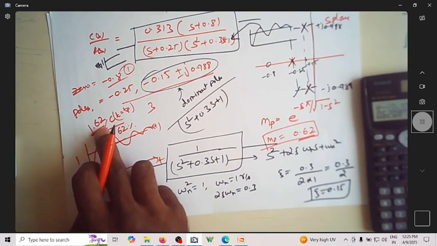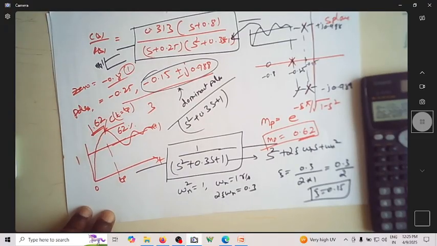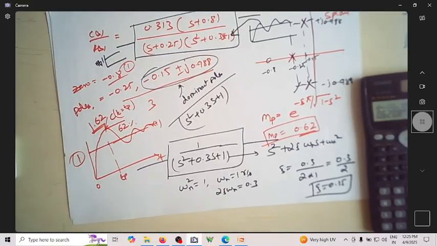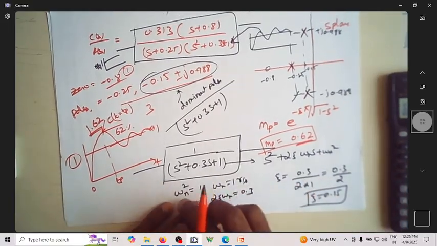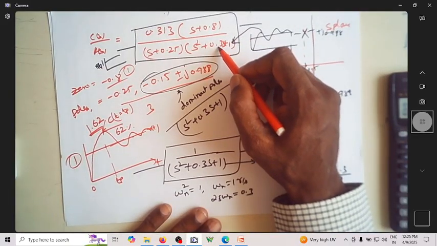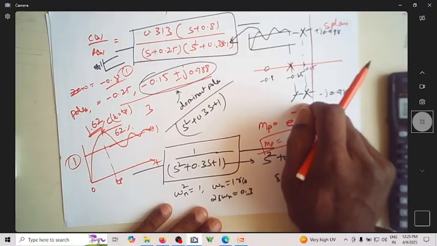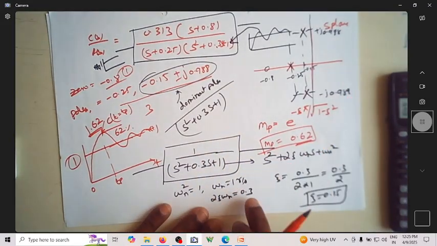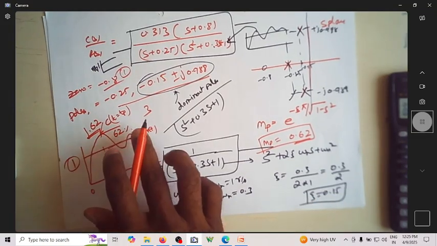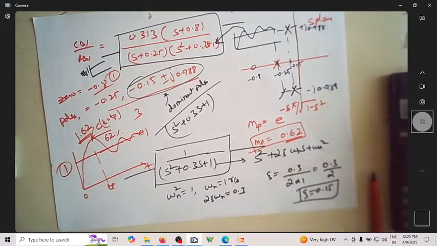So at Tp, you're going to have a magnitude of 1.62, which is 62% more than the desired value. So the answer for this is, this is the dominant pole. The pole and 0 positions are listed here, and you have a zeta of 0.15, and it is going to have an overshoot of 62%.